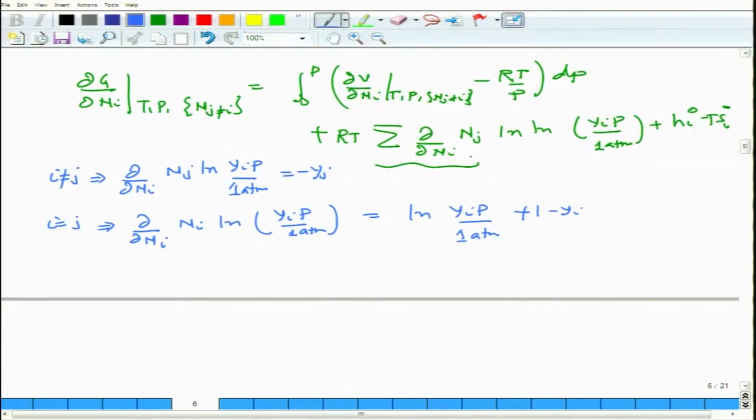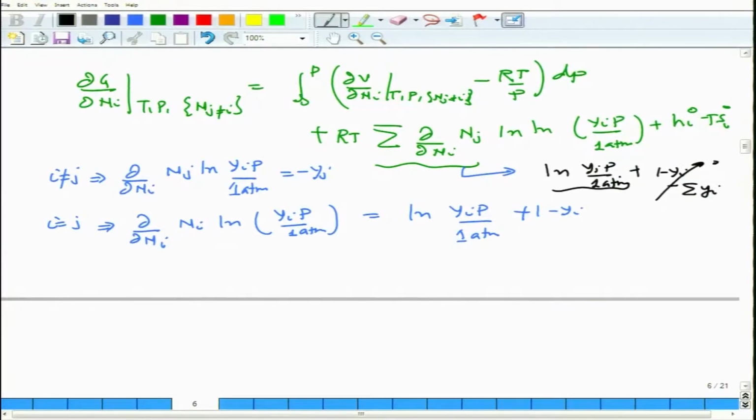All right. So, if you do this exercise, the derivative of this is nothing but ln YiP by 1 atmosphere plus 1 minus Yi minus the sum of Yj for all j not equal to i, and of course, this should be plus. So, this is nothing but 1 minus Yi, so this cancels out.